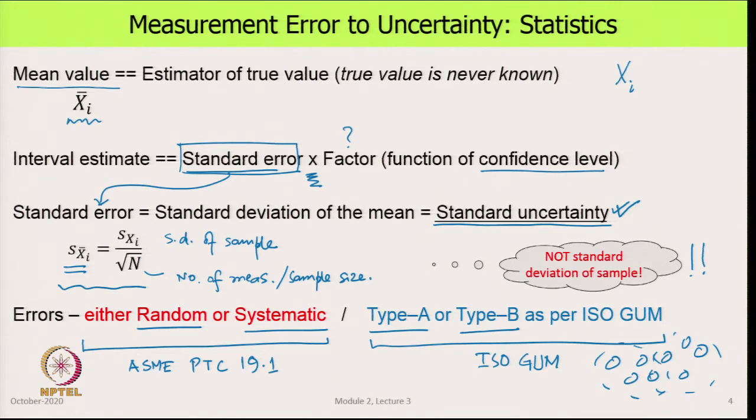Very small difference between them. The treatment is very similar, we get pretty much the same answer. So, in that sense, there is not that much of a difference, and we could use either of them. To maintain consistency, in this course I have chosen to follow PTC 19.1 terminology. We will look at random and systematic errors.